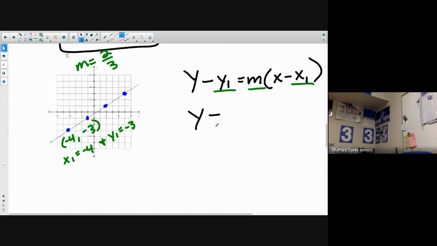So minus negative shows up as a plus, so y plus 3 equals, we're subbing in for m, 2/3, times the quantity x minus, instead of x1, we're subbing -4, so that shows up as plus 4. So that says y plus 3 equals 2/3, parentheses, x plus 4. Now, that might look different if you use the other point, right?